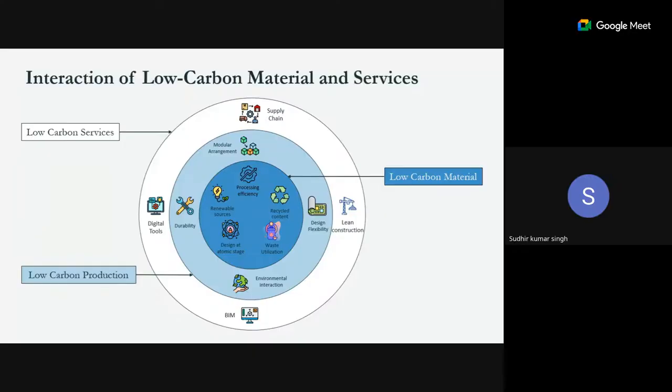That is how you have reduced the quantum of natural aggregate used, in turn saving it and reducing the carbon emission. So everything in this figure depicts some stage in low carbon material development, right?